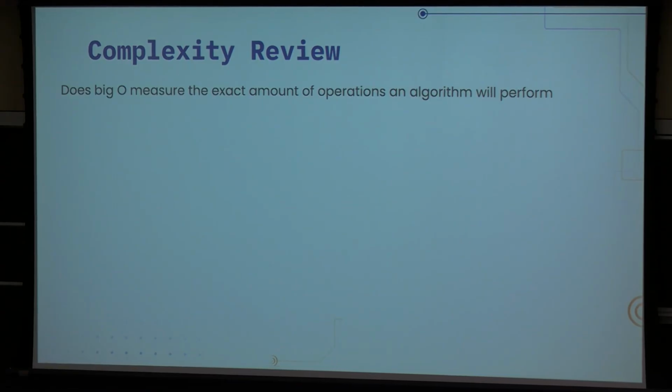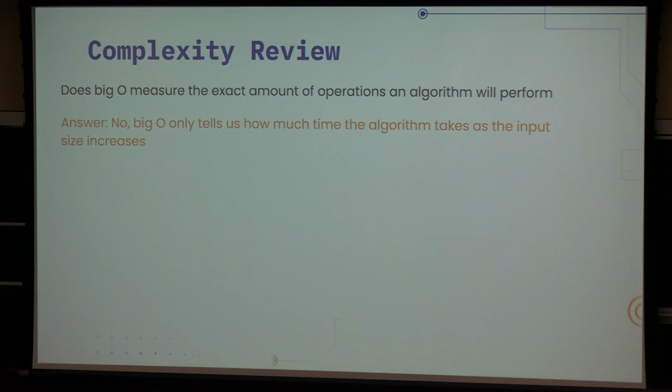Can anyone take a guess? It's a 50-50. Yes? No, it won't, because big O only tells us how much time the algorithm takes as the input size increases. It acts as an asymptotic graph behavior. So when input grows, it will estimate the amount of time the algorithm takes.